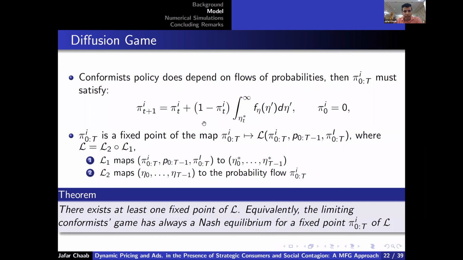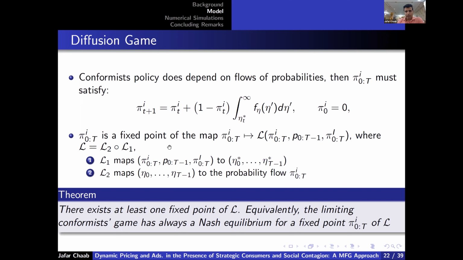So since in this forward Chapman-Kolmogorov equation, the threshold policy depends on the flows of probability per se, we need to note that in order to find it, we need to have a fixed point of this map. As you can see by this function, mathcal L, where this mathcal L is composed of two functions, mathcal L2 and mathcal L1. So mathcal L1, the first function, is going to give us the player's best response under the mean field, right?